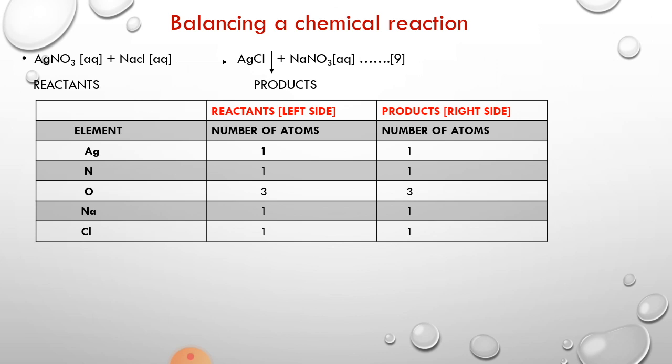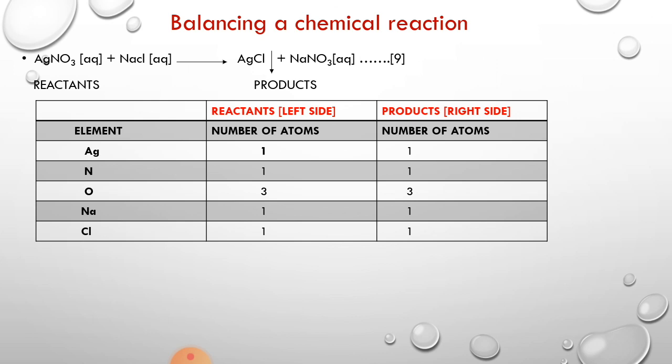In the reactants, N has 1 atom, and in the products it has 1, so it is also balanced. Now let's see O. In the reactants, O has 3 atoms. O3, so O has 3 atoms, and in the products also O has 3 atoms. See there, NaNO3, so O3 means 3 atoms, so this is also balanced.